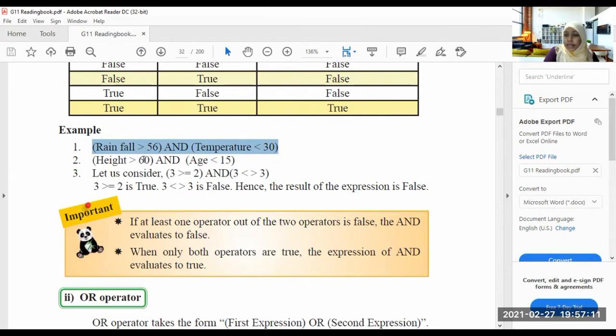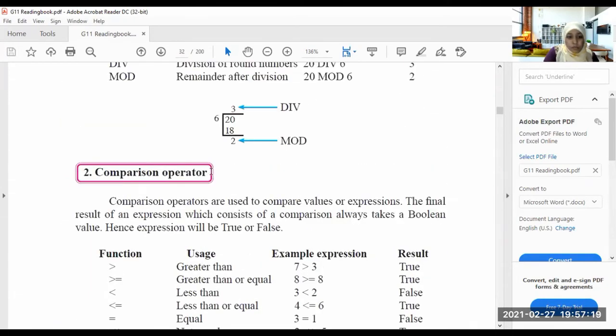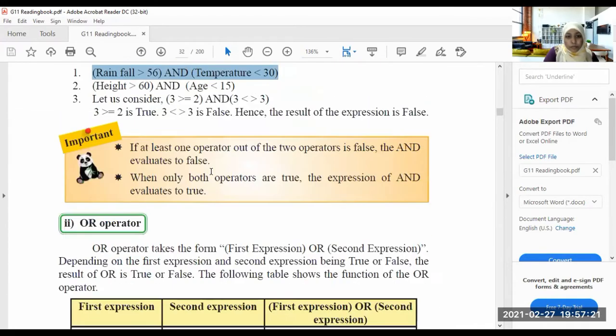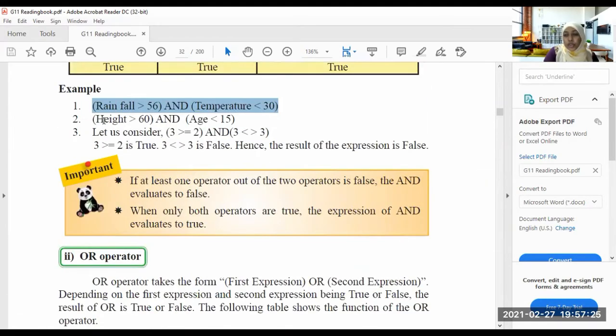Height greater than 60 and age less than 50. Here also you should compare. The height should be greater than 60 and the age should be less than 50. Then only it would be true.